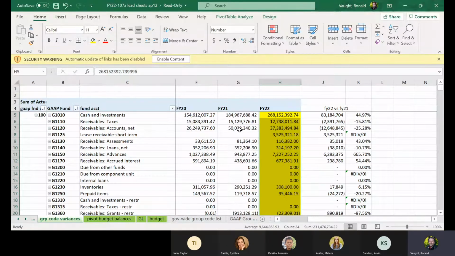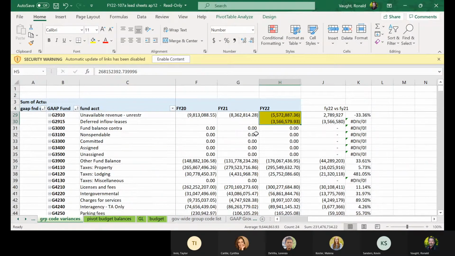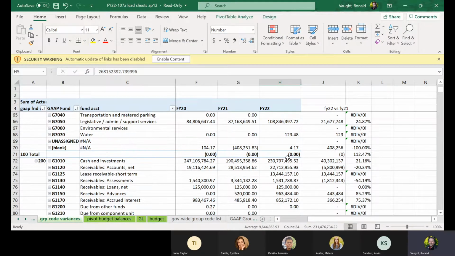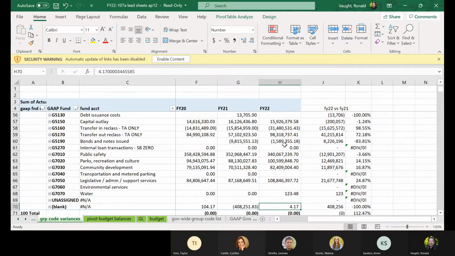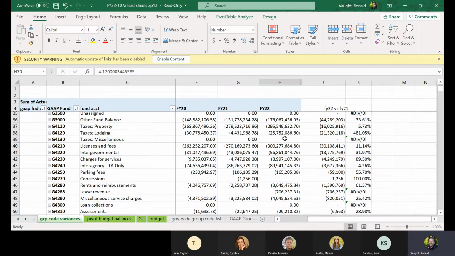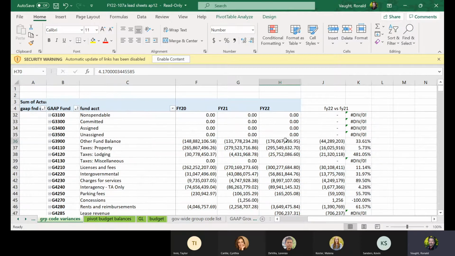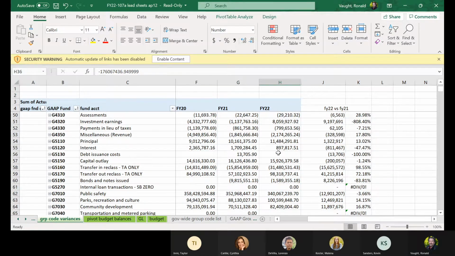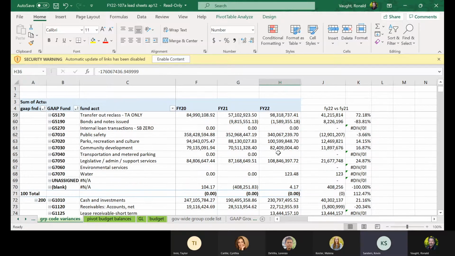You can go back to this page, and it adds up to 0. Well, you're off by the $4. So for your GAAP basis, you should be able to tie back and make sure that these are the numbers showing up in your GAAP basis. Yeah, that part does tie.